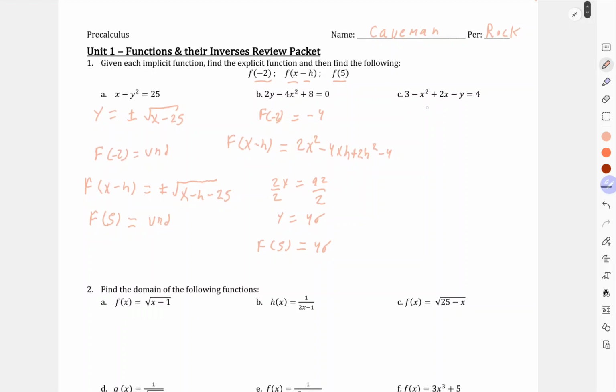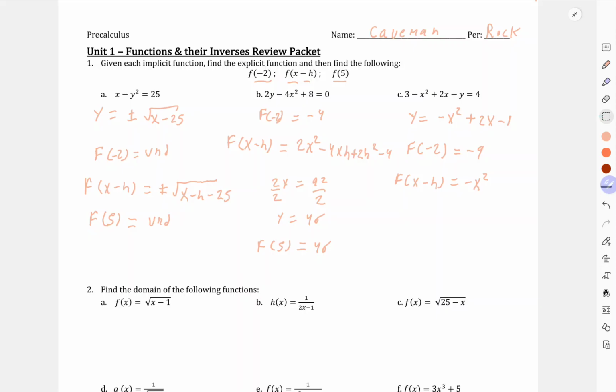And if you do the same thing with this, it's just going to go the same way. You plug in each of these values and you're going to get a set of answers that you have to write down. So just keep plugging it in to x and then finding it and setting it equal to y. Same thing goes for all of them. Negative 9, and then you have f of x minus h equals negative x squared.